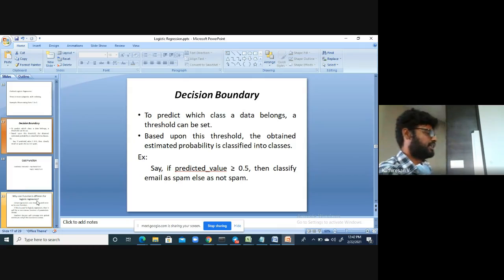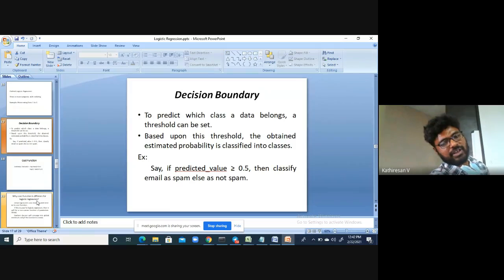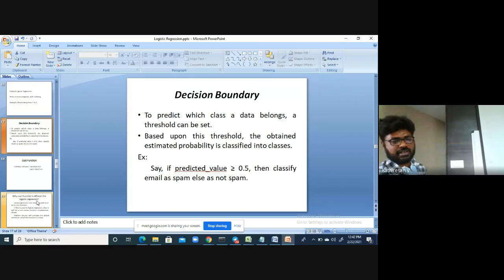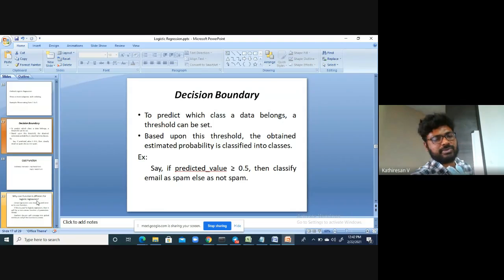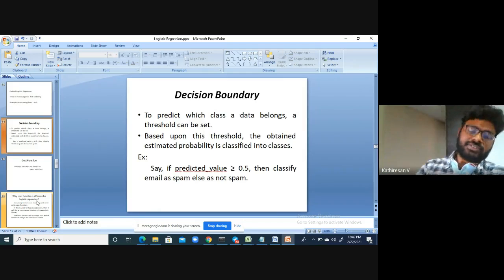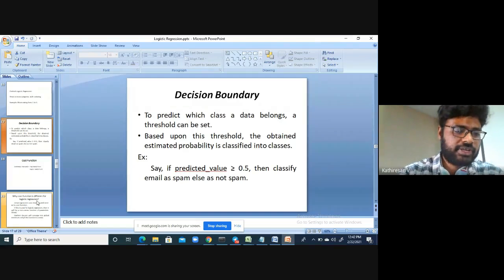Mostly in logistic regression, the decision boundary is 0.5. If you ask the question, what about 0.49? It is the other category only. If the predicted value is greater than the threshold, then classify the email as spam, else not spam. Simple logic in logistic regression. That's how this decision boundary is working with binary logistic regression.